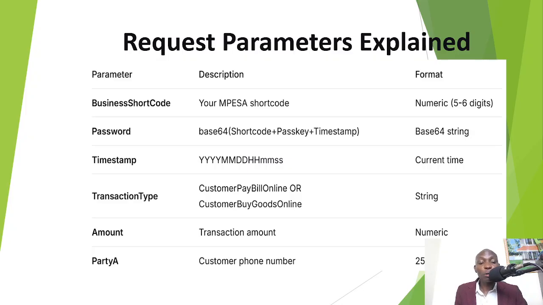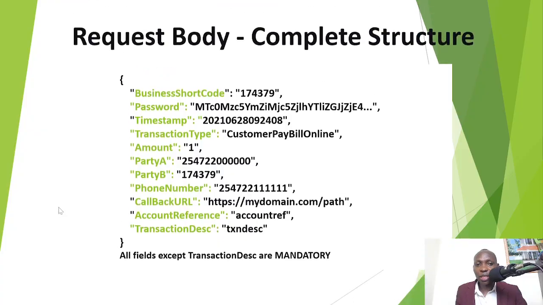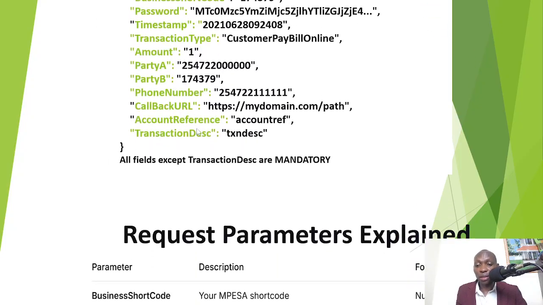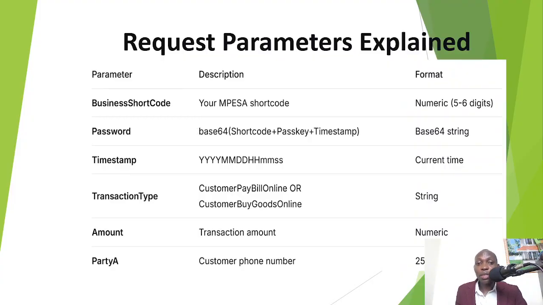We also have password. What is this password? Remember, this is the password on this request. How do we generate this password? Very, very important. This password is a base64 encoded string that combines the shortcode, the passkey, and the timestamp in that order. Shortcode, passkey, timestamp in that order.